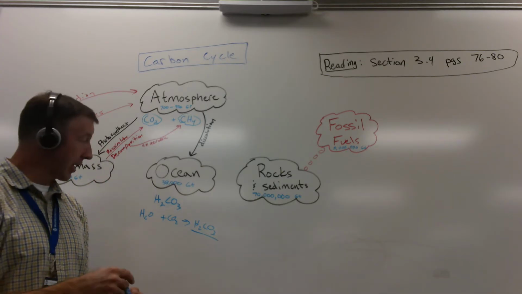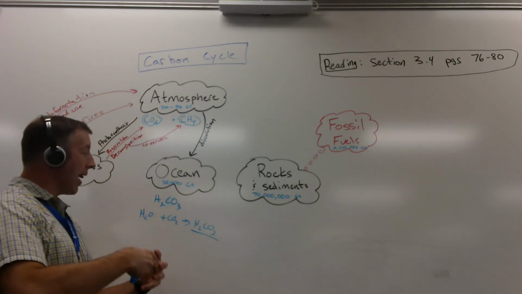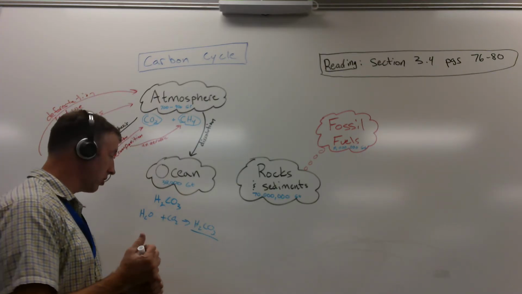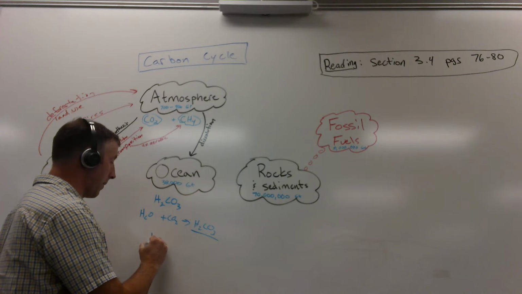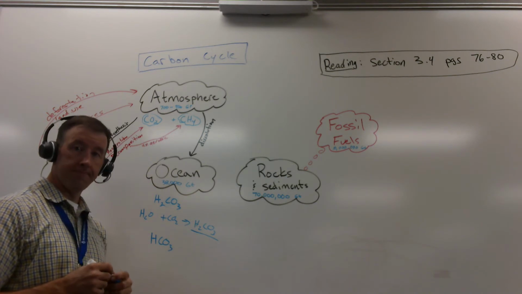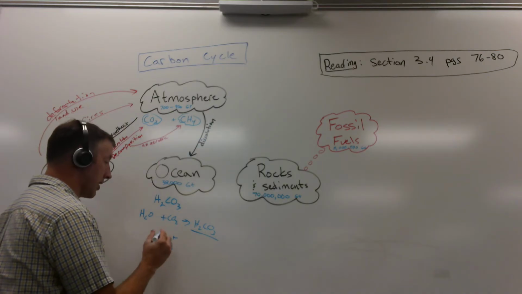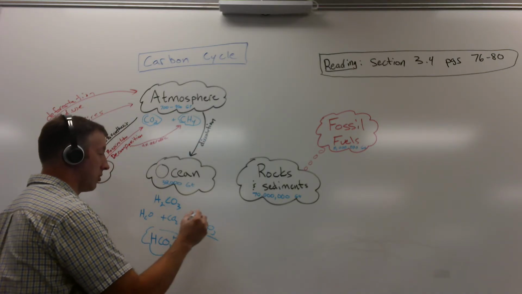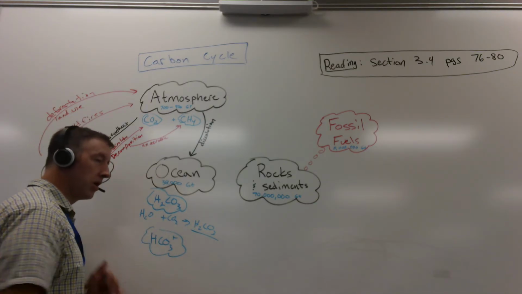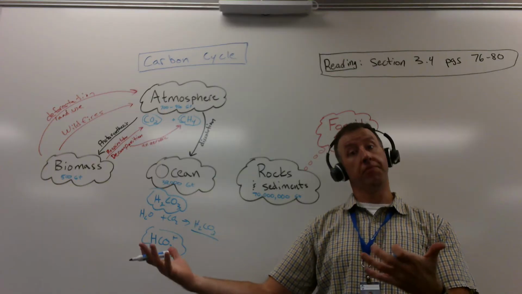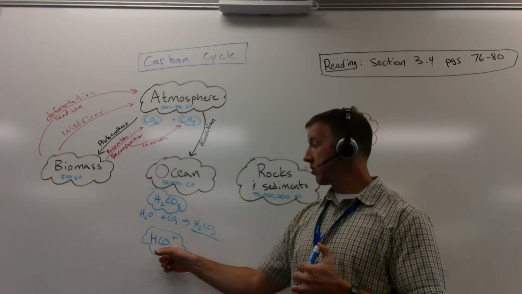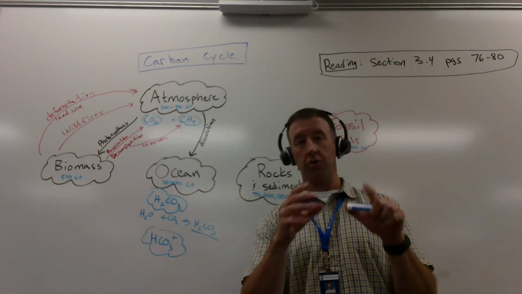It's actually a weak acid. As that carbonic acid molecule undergoes a process called dissociation, you can also produce bicarbonate molecules. So that is another form. We have our carbonic acid form and our bicarbonate form. Those are two of the many forms that carbon can take when it's in the ocean water. We'll talk about why that's important in a little bit.